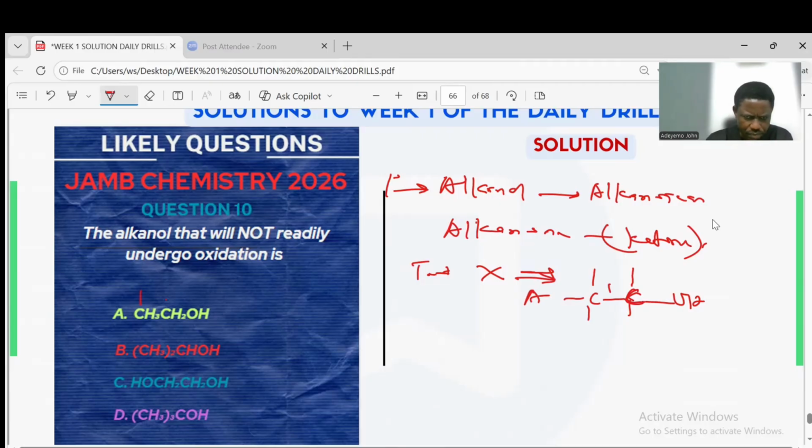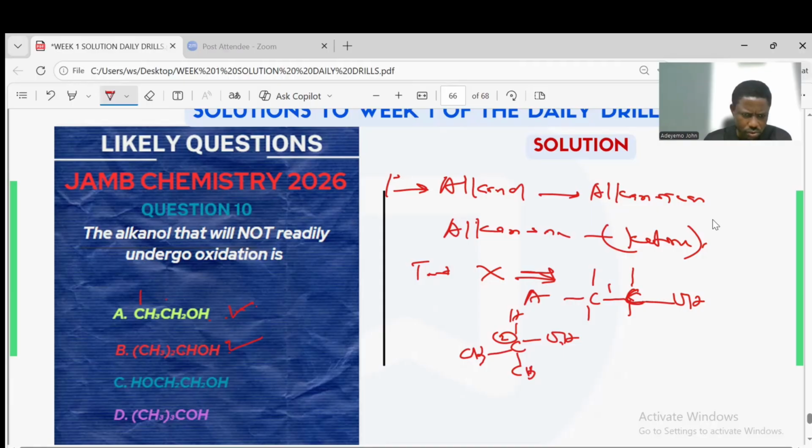In this one, we have CH, OH, then we have CH3 twice. That is it. So two carbon atoms are attached to this. So that is secondary alkanol. This one will oxidize to alkanone, all right?